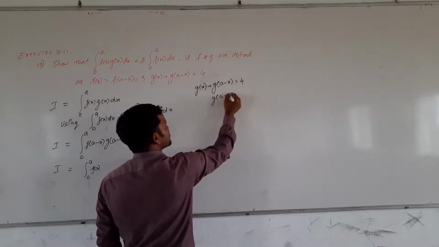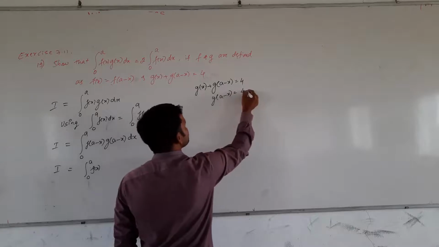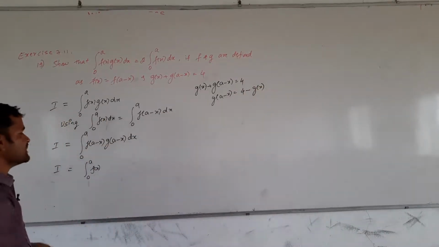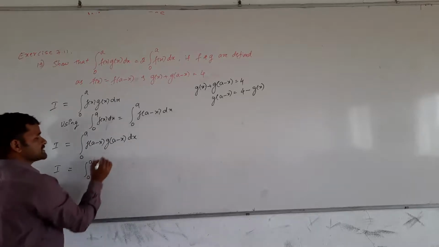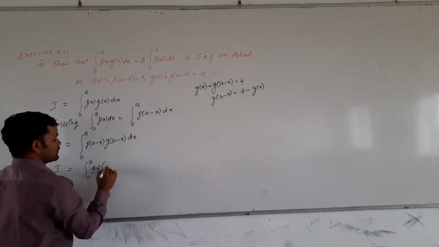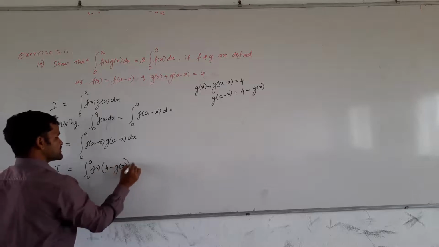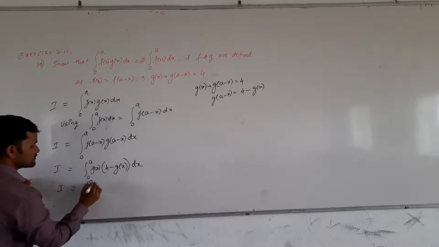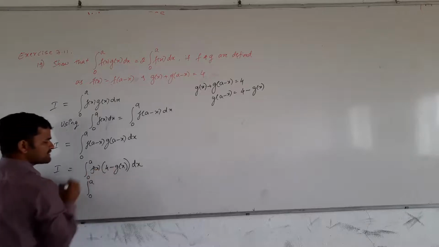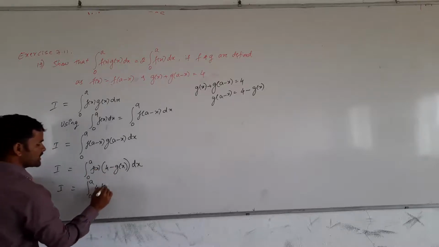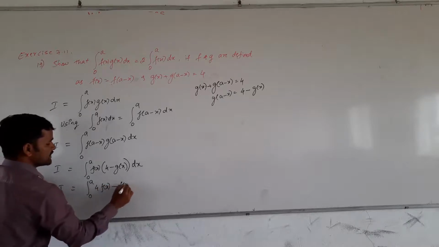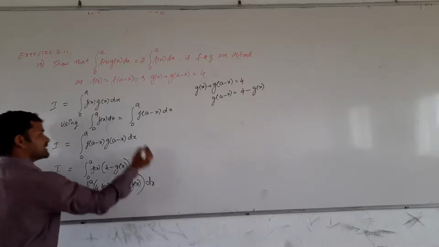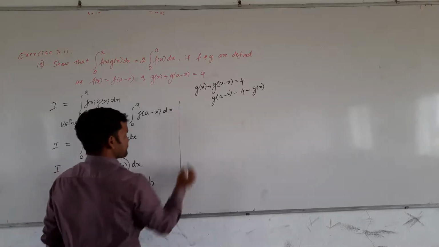Then g of a minus x is equal to 4 minus g of x, taking g of x to the right side. Here I write g of a minus x is equal to 4 minus g of x, dx. I is equal to integrating from 0 to a, f of x will get multiplied with this: 4 times f of x minus f of x into g of x, whole integral with respect to x.